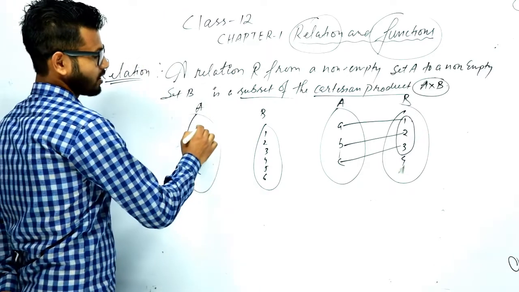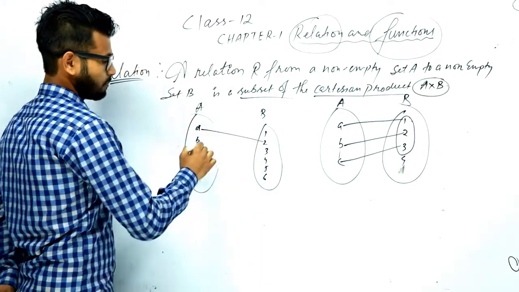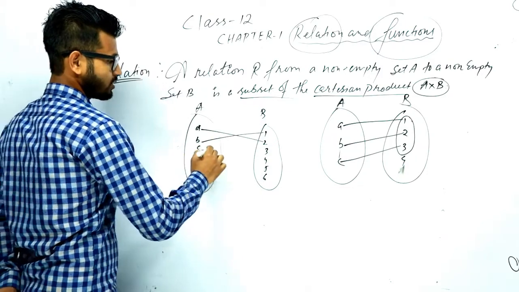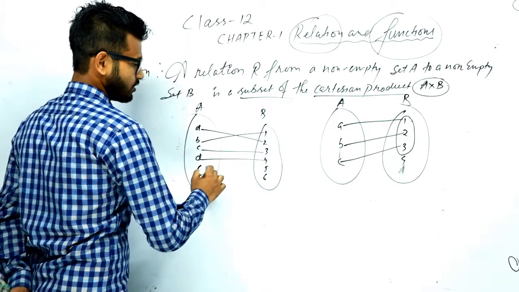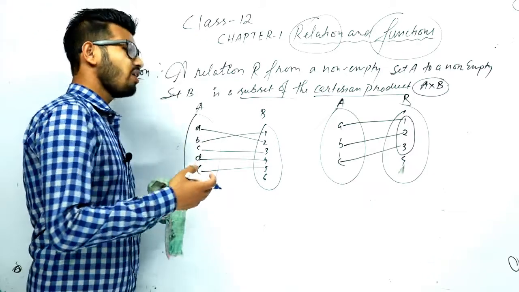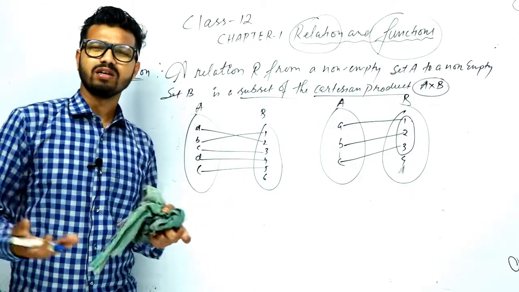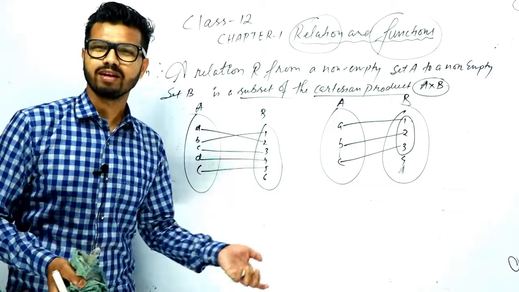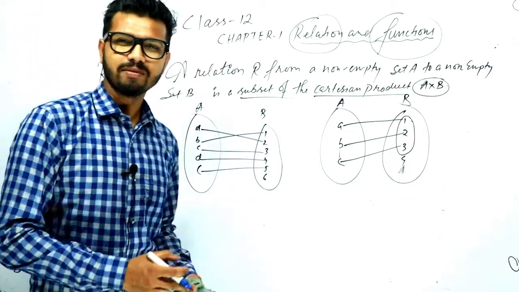If I say A got 2, B got 1, C got 3, D got 4, then this is a relation, meaning this set of ordered pairs of A cross B is called a relation. Not a big deal, it's a simple case. I hope the statement is clear.